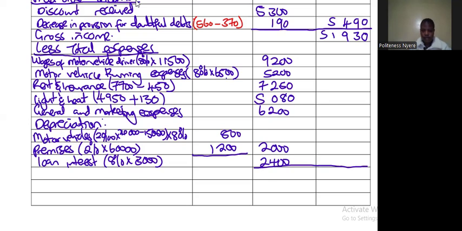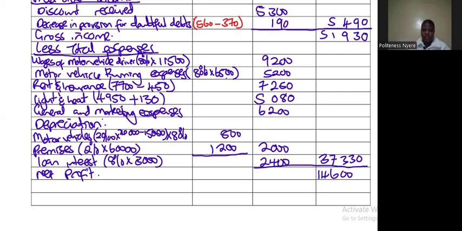We'll get 37,330. If we subtract this amount from 51,930, we get 14,600. So this is our net profit.